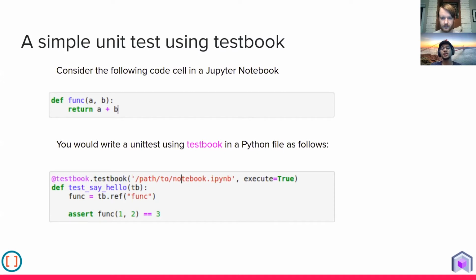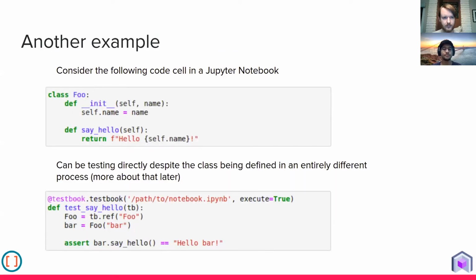In this case, it's passed in as true, which means execute the entire notebook before this test. And in the next line, you've got a reference to that func function, and then you assert that func of 1, 2 equals 3. So if you really squint your eyes at this, you'd see it as a normal test for a function called func, but you wouldn't know that it's actually running in the notebook.